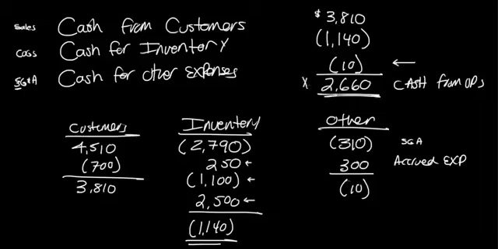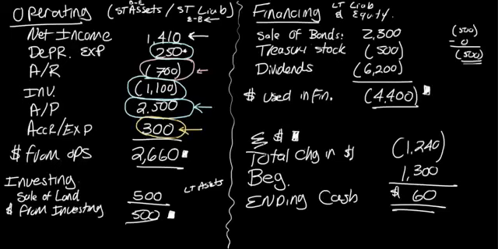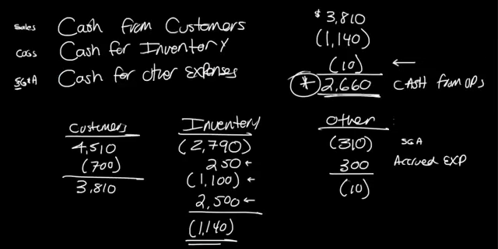And if the world is good for us, this will exactly equal the amount on the indirect method, and it does. Lo and behold, the world is good. So we have now prepared the statement of cash flows using the direct method for the operating section.